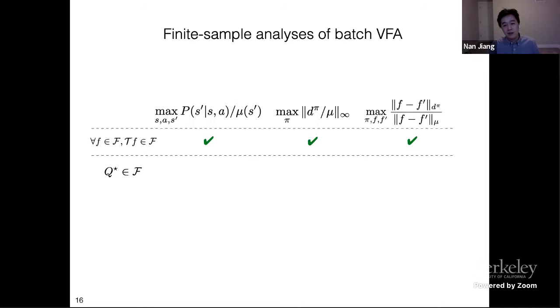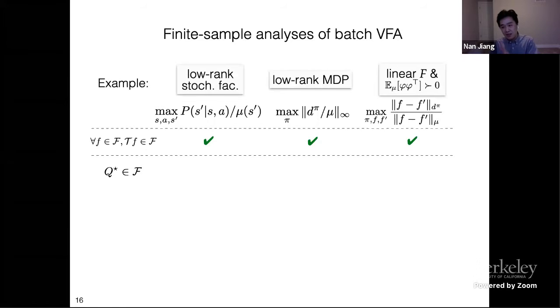But if you look at the analysis a little bit closer, you can relax these concentrability coefficient assumptions by first embedding the compared distributions in your function space and comparing them from there. And the nice thing is that if you do that, these conditions can be satisfied more easily, for example, in the linear case.